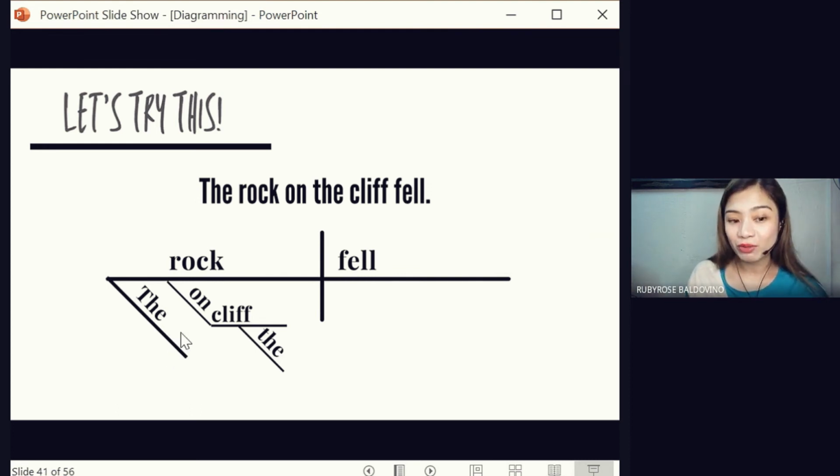Our subject, right? Because on the cliff, it's the rock. So it should be placed under the subject. Now we put the preposition on a slanted line under the word rock because it describes the word rock. And then we put our object of preposition, in this case cliff, on a horizontal line after our preposition. And then we place the article the on a slanted line again.